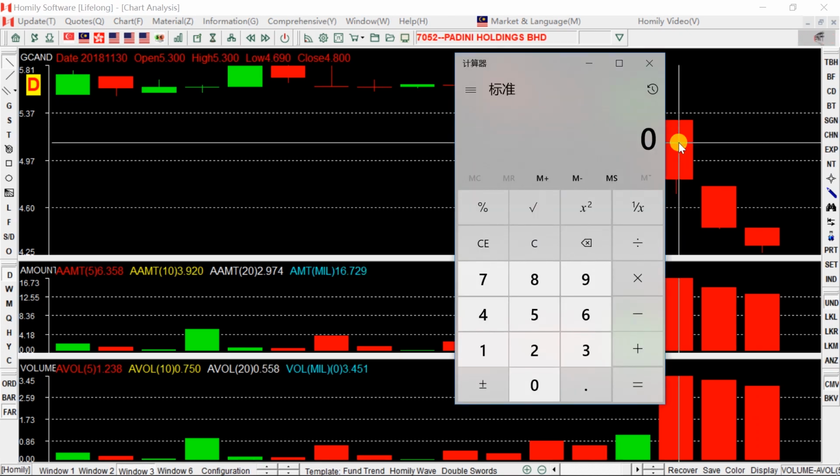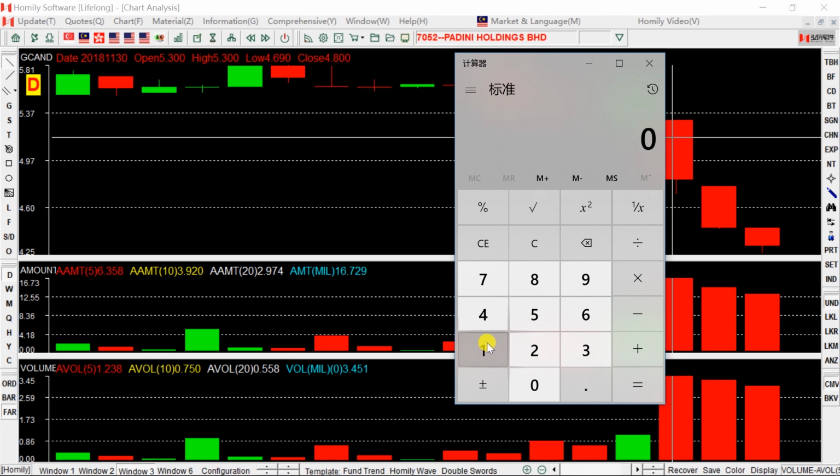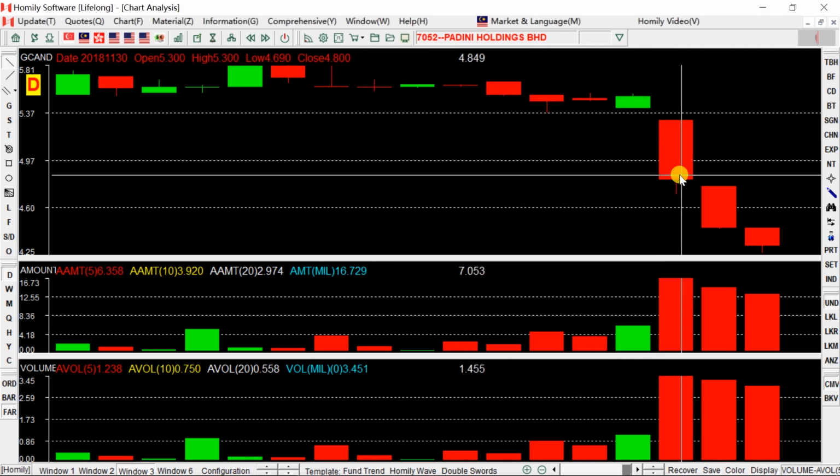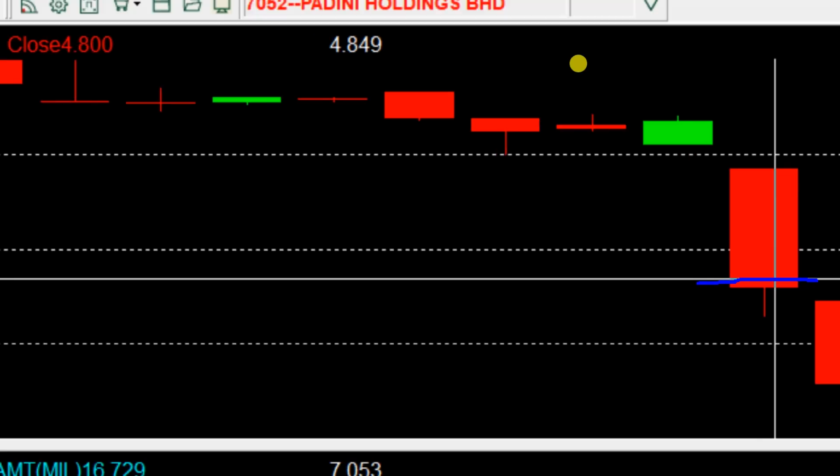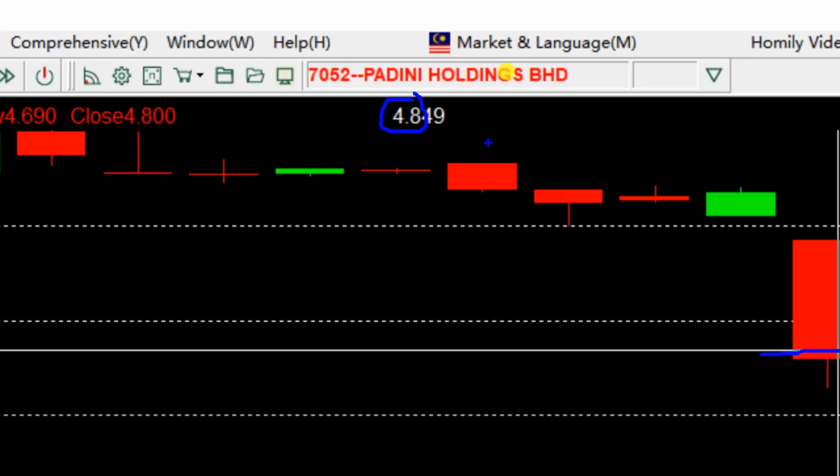This day 16.729 divided by 3.451. We see that the average price is 4.84 ringgit. Where is 4.84? It's almost here. This price is 4.84.